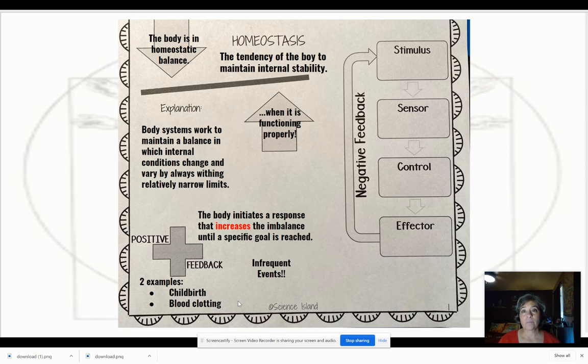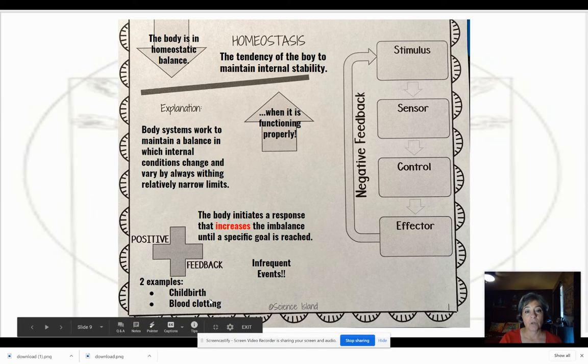And so that process of blood clotting needs to keep happening until the goal of stopping the blood flow is reached. If it goes a little bit higher and your body goes, nope, can't do that, and goes backwards, then that would be dangerous for you. So those are 2 examples where you need to have positive feedback in place. Again, it's very infrequent. It does not happen very often.